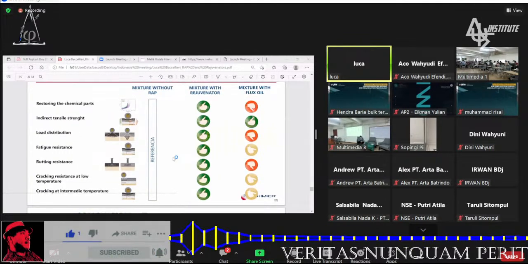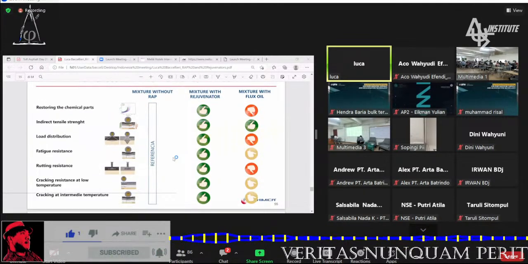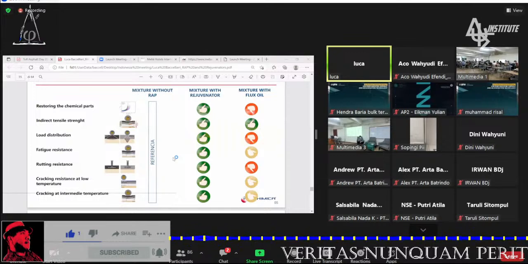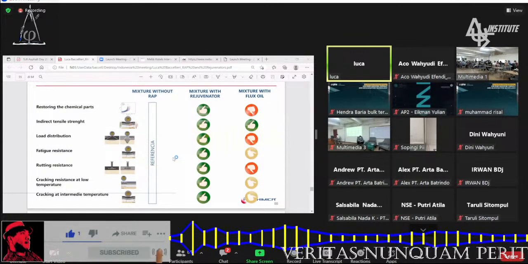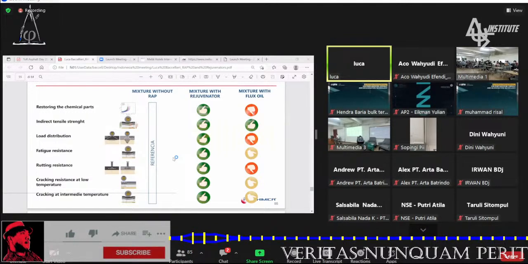Usually we can use it to change the parameters of the bitumen, but just, for example, penetration and softening point, because talking about PG and other tests, it doesn't affect them. So honestly, we never tested it in that way. Okay, thank you. So we don't know. Yeah, thank you for the answer, Luca.